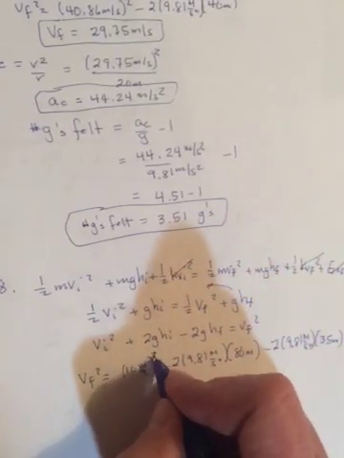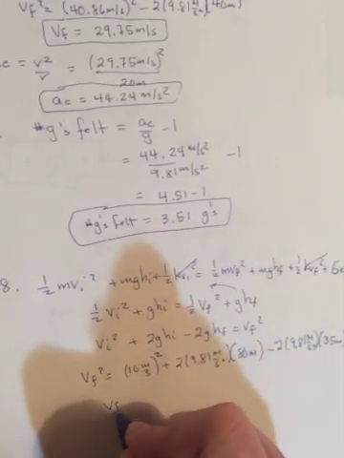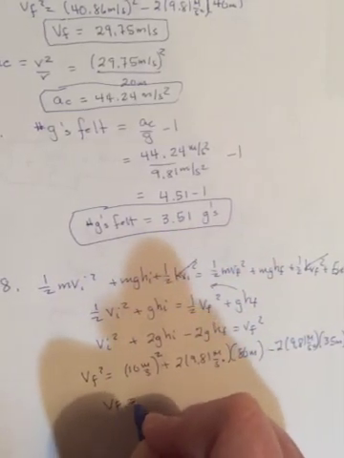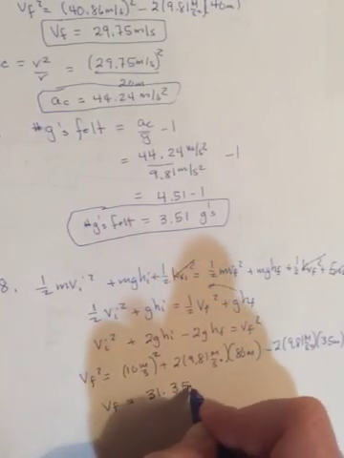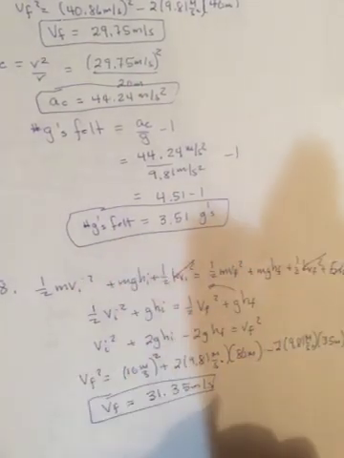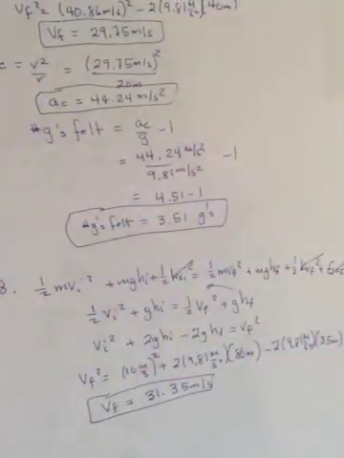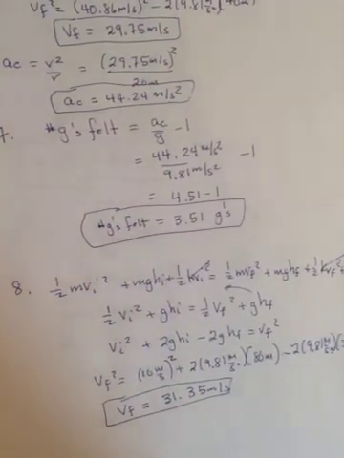Okay, oops, don't forget your squared on there. So do the math, take the square root, and you should get a v f of 31.35 meters per second. Okay, so this should be fairly easy, I hope. So hopefully it makes sense.